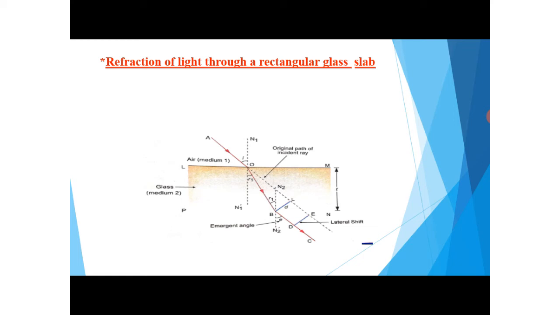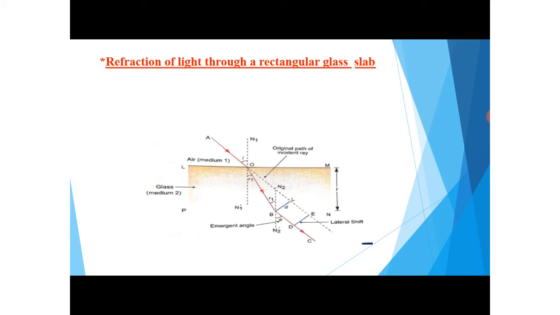Now AO is incident at point O and is refracted. As the glass is denser as compared to air, the ray of light after refraction bends towards the normal, that is N1, N1 dash, and this is our refracted ray, OB.